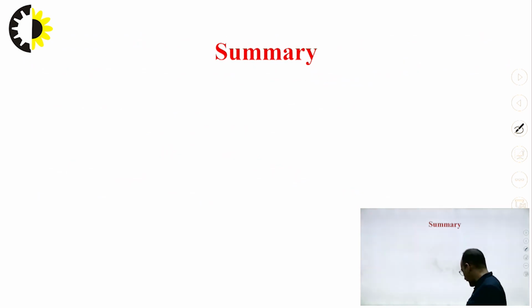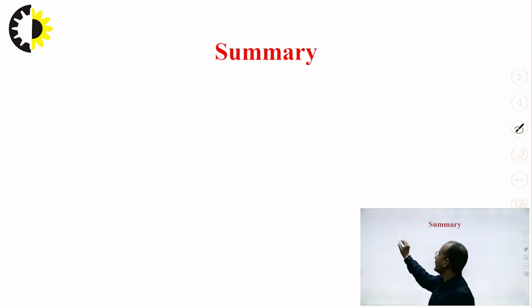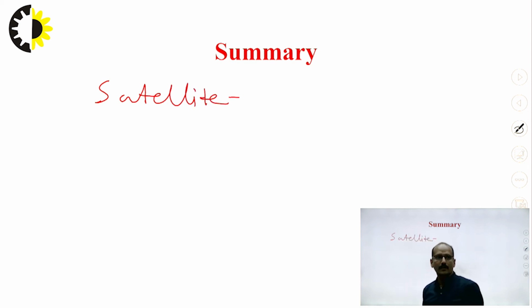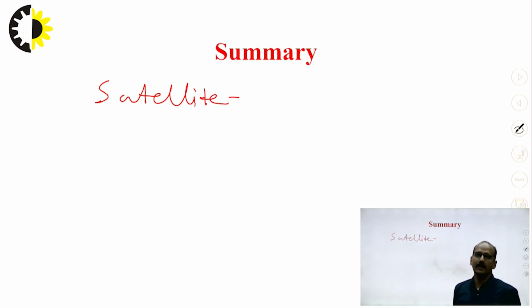Before ending, I am going to give you a complete summary of the first unit. We started with what a satellite is: an object rotating about any bigger object in outer space due to the gravitational force of that object.